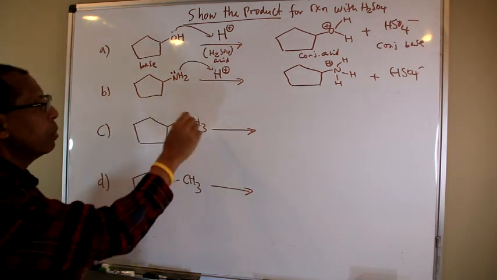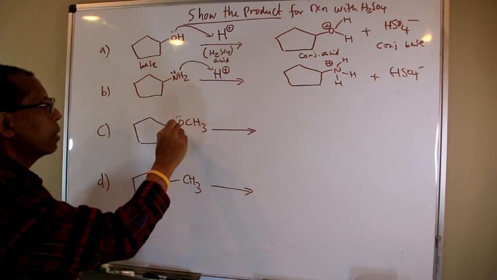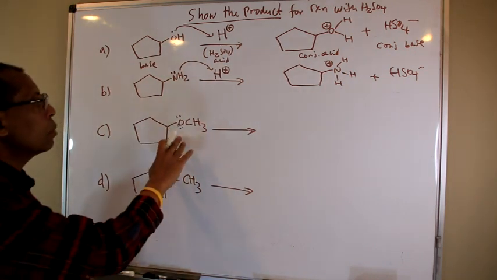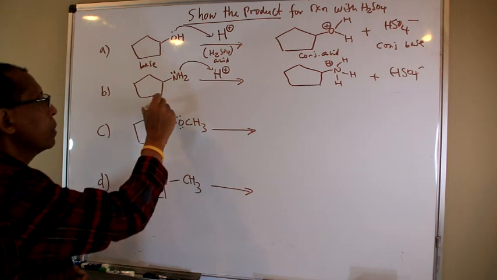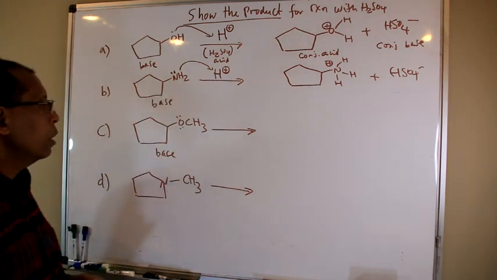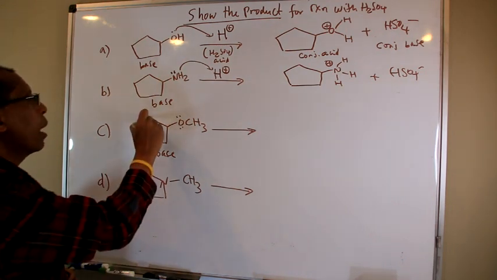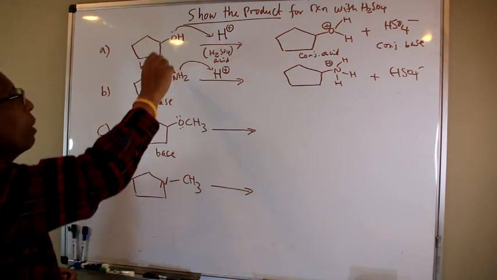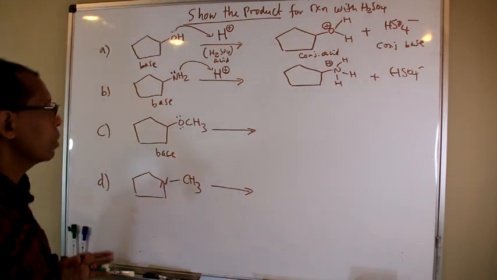Here also, if you just look at this lone pair of electrons, this would be your base. You cannot just assume there are basic sites on this compound except the lone pair of electrons.